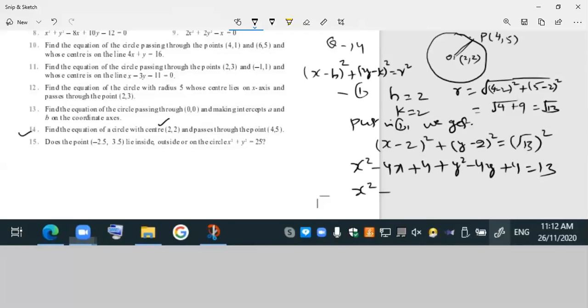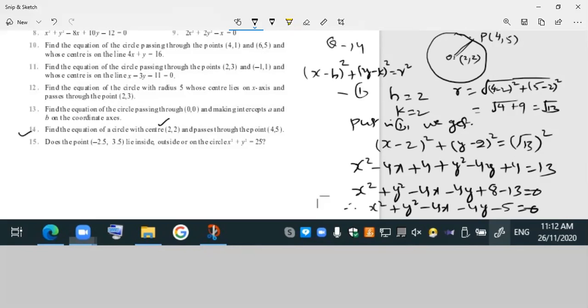So we get x square plus y square minus 4x minus 4y plus 8 minus 13 is equal to 0. That is x square plus y square minus 4x minus 4y minus 5 is equal to 0.